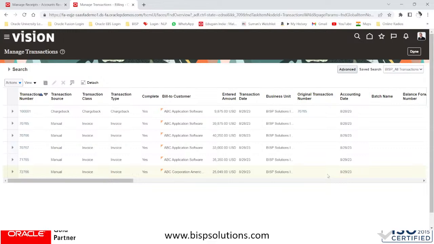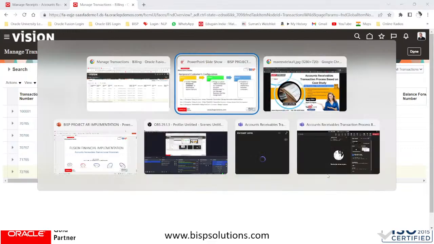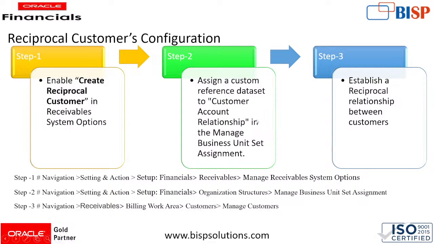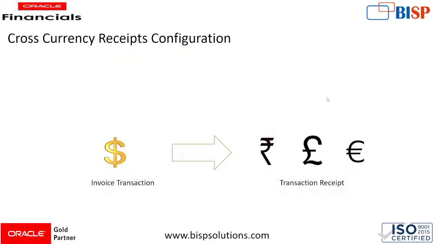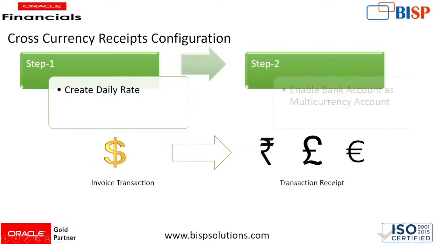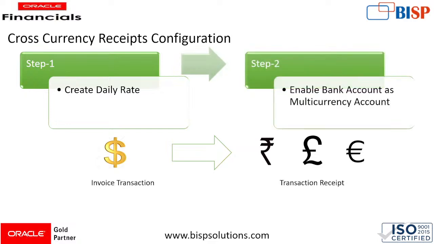Now moving to the next topic, which is cross currency. The cross currency receipt in Oracle Account Receivables allows you to apply a receipt in one currency to one or more transactions in a different currency.